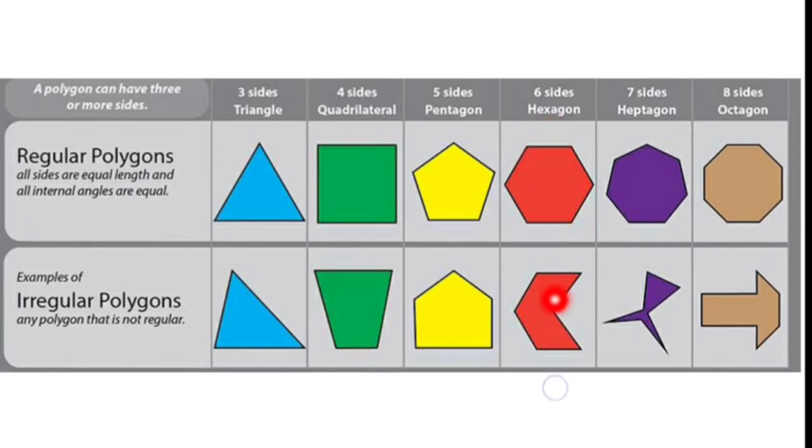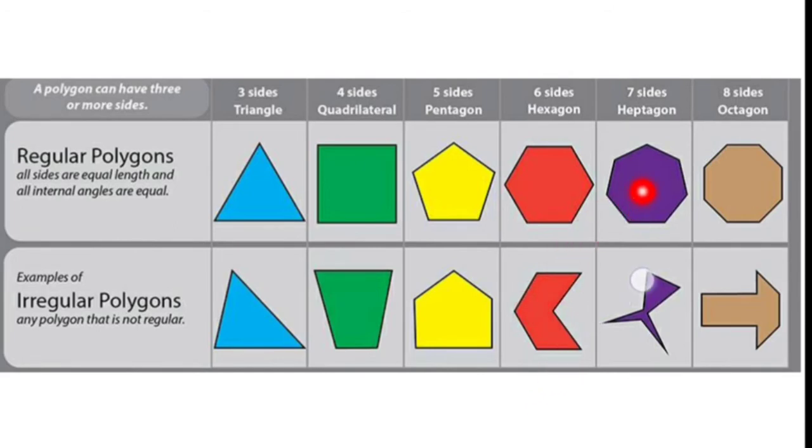Now this is a regular hexagon, that means it has 6 sides of equal measure, and this is an irregular hexagon because here also 6 sides are there. See, 1, 2, 3, 4, 5, 6. So a 6-sided figure, hexagon, but this is an irregular hexagon.